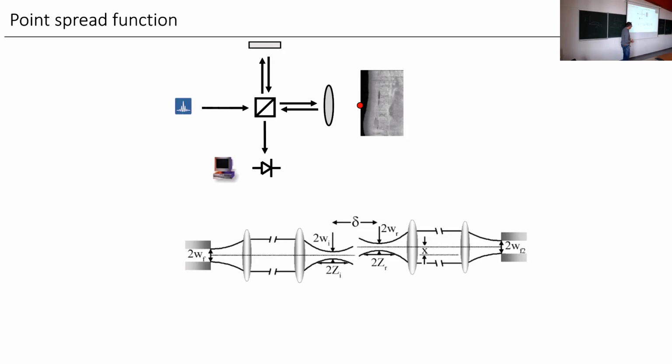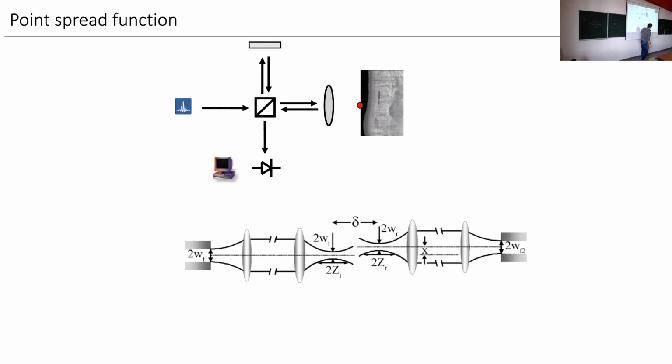Now, if you would take a very general depiction of that situation, so the light going back, flip that part and repeat this also on this side. But now you can allow for some offsets in these systems.